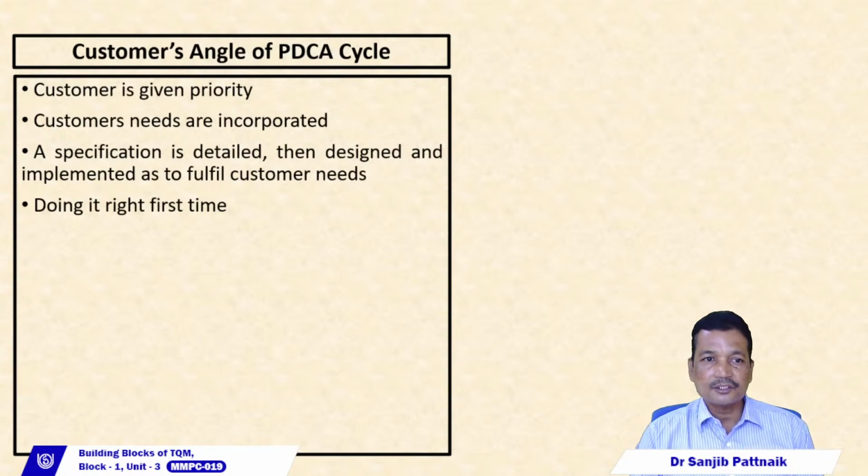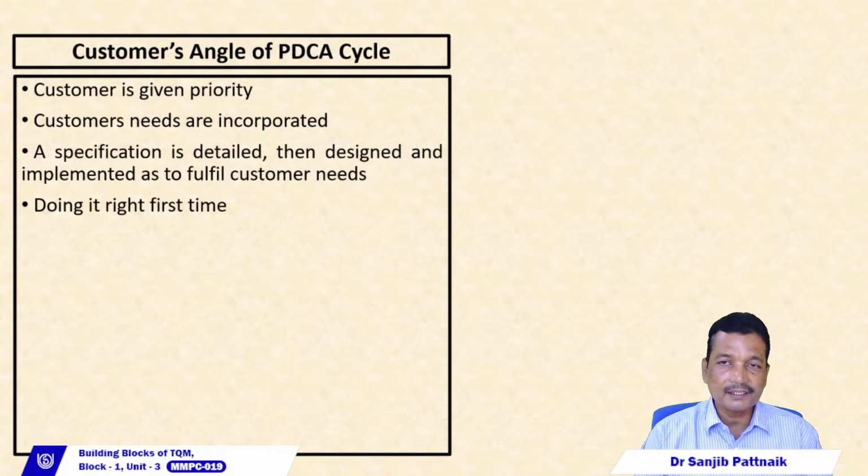How do we get the customer needs? Through feedback. Feedback may come directly from the customers or from the field workers in the marketplace or through sales teams, those who are interacting with the customers, etc. According to the feedback, the specification is detailed, designed, and implemented so as to fulfill the customer needs.